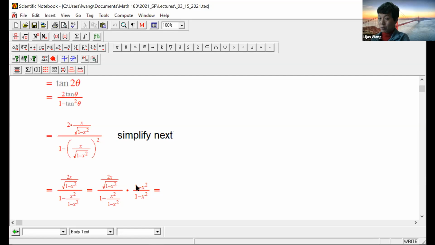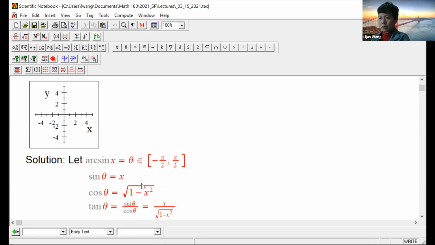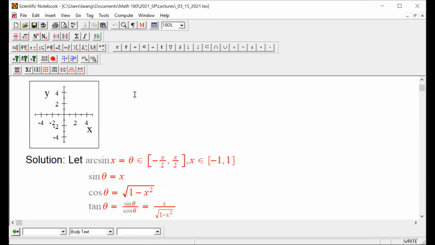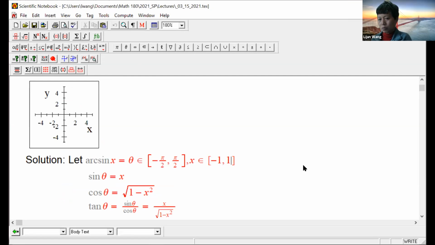Just remember, this x is from the domain of arcsine. What is the domain of arcsine? It's negative 1 and 1. That's right.